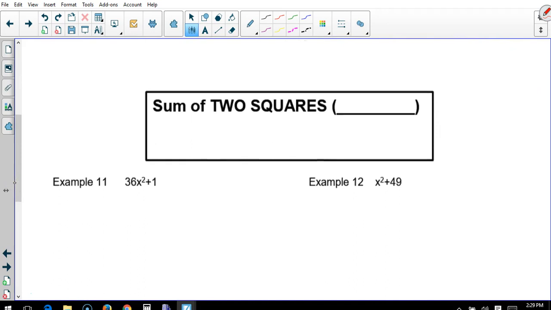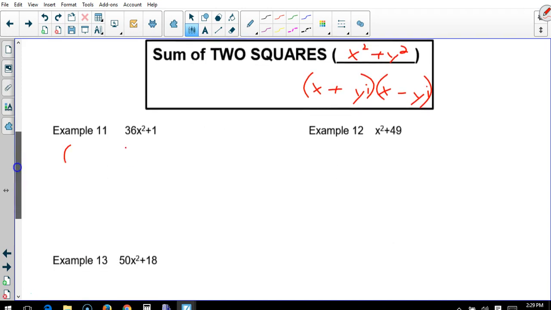Okay, the sum of two squares. That's x squared plus y squared. And this is going to be based off the same thing we just did, except now we need to bring in our friend, the imaginary number. Square root of x squared, square root of y squared. It's still going to be 1 plus, 1 minus, but we're going to need our old friend i in there.